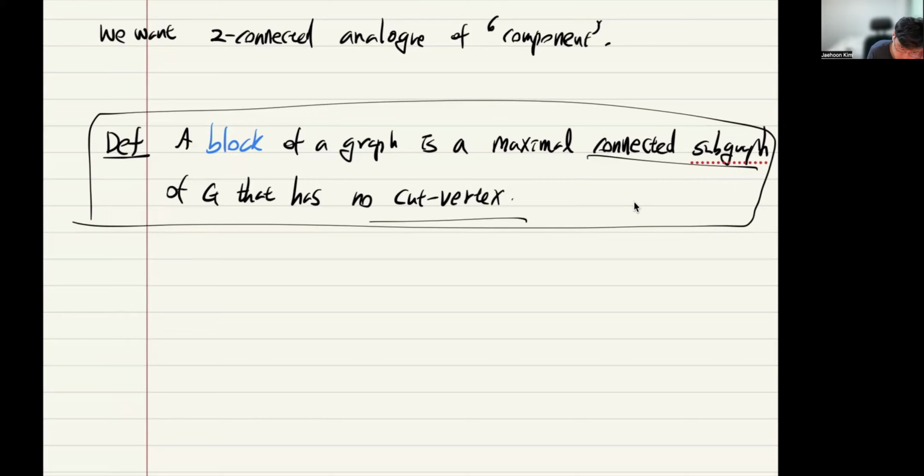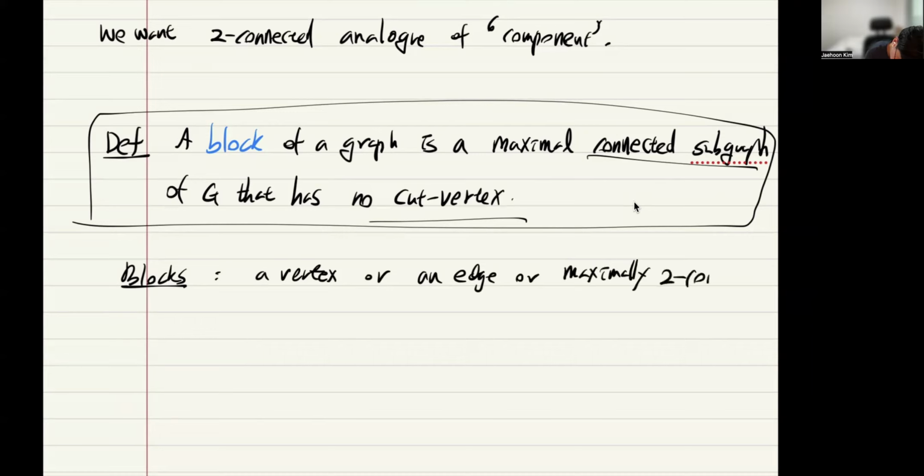But it's different if it has at most two vertices. So blocks are either a vertex, or an edge, or a maximal two connected subgraph.